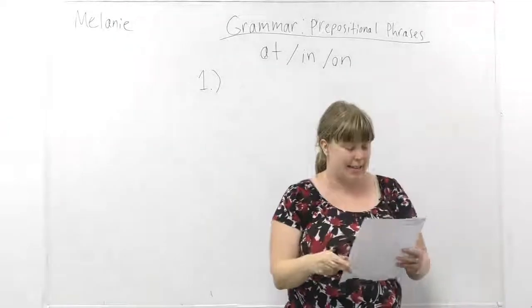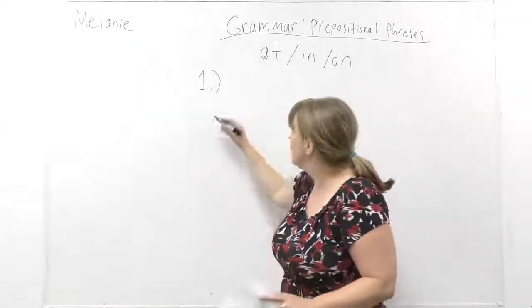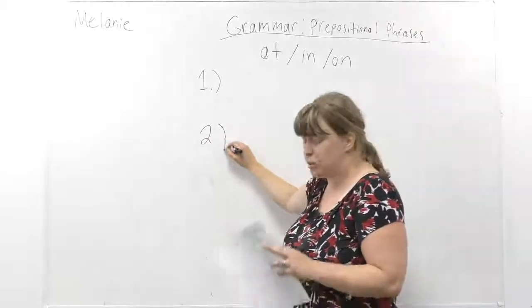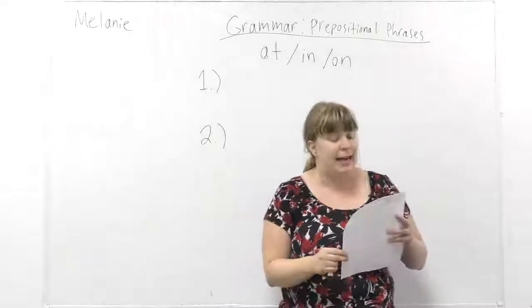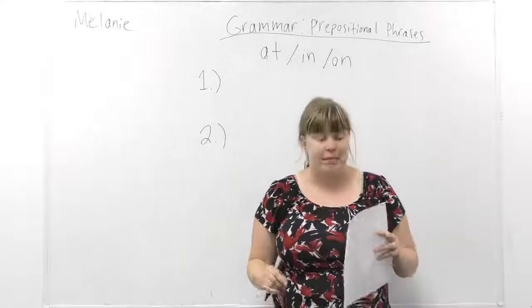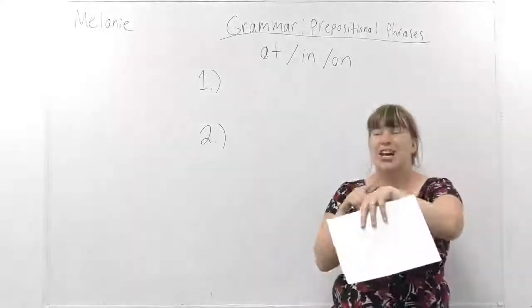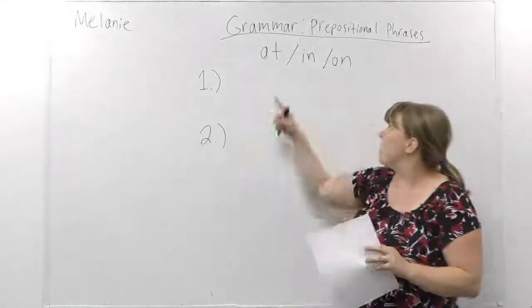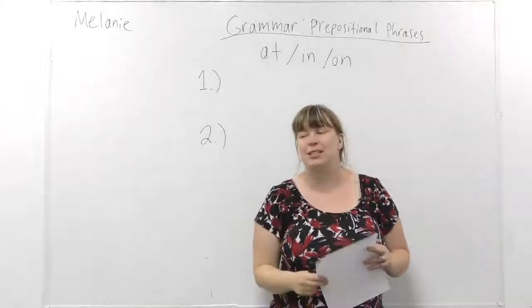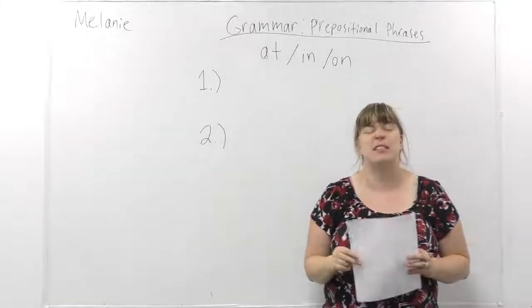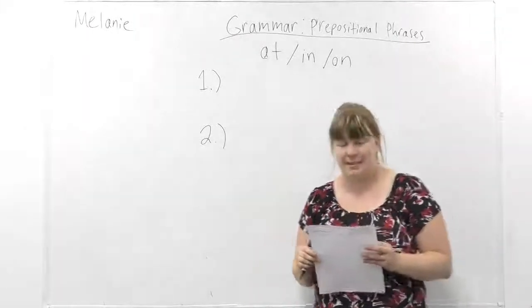Tell me what you think. And we're also going to do number 2. When I fly, like when I take an airplane, I like to arrive blank the airport before check-in time. Arrive at the airport, in the airport, or on the airport? What do you think the answer is going to be?